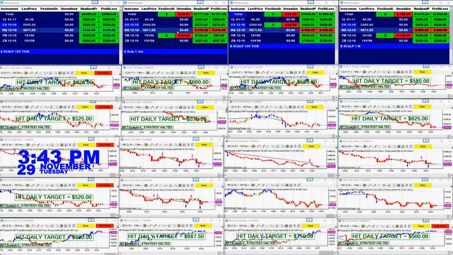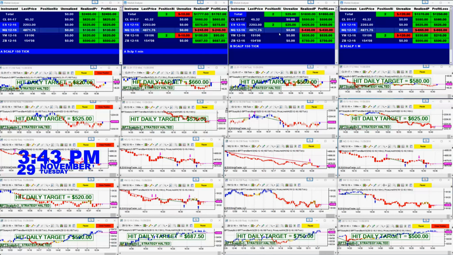The same story happened on the NASDAQ on the 1 minute. It also didn't hit the target, but the CL did, ES did, and the YM also. The YM was struggling on the 1 minute, and then the 30-year Treasury bond, no problem. Also, the 30-year Treasury bond today did not really do that much, but it hit the target anyway.